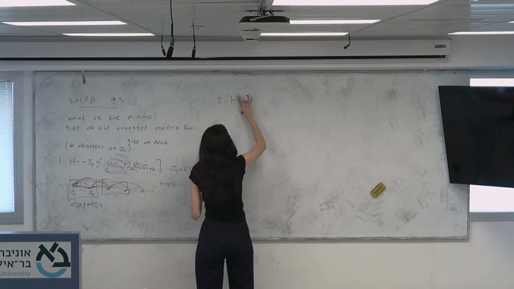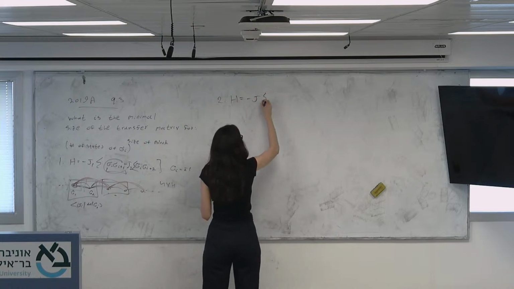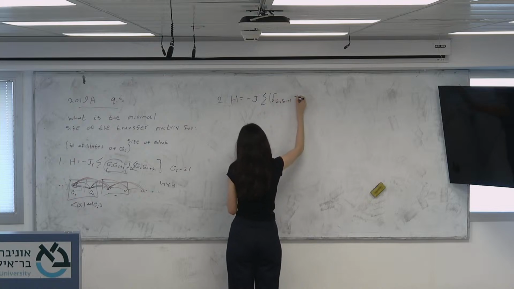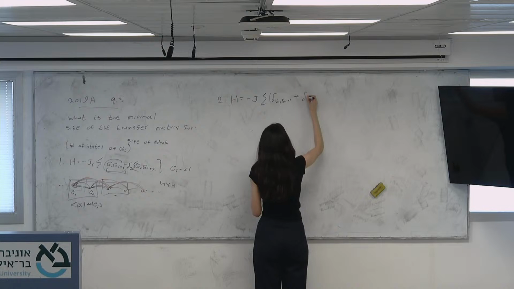So this is like a disgusting version of that. So you have a delta of sigma I with sigma I plus 1 and delta of sigma I with sigma I plus 4.